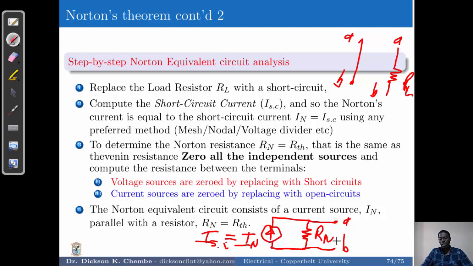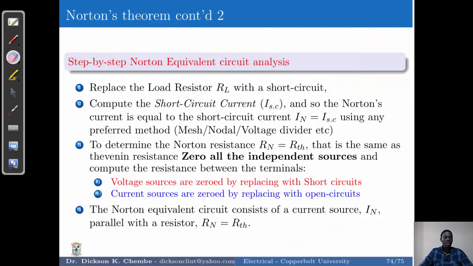In the short circuit, the resistance is very minimal, almost zero, and in the resistor here, the resistance is very high, so the current is going to avoid the path with high resistance and follow the path of minimal resistance, in this case the short circuit. That is why the Norton's current is equal to the short circuit current. I hope that is clear.